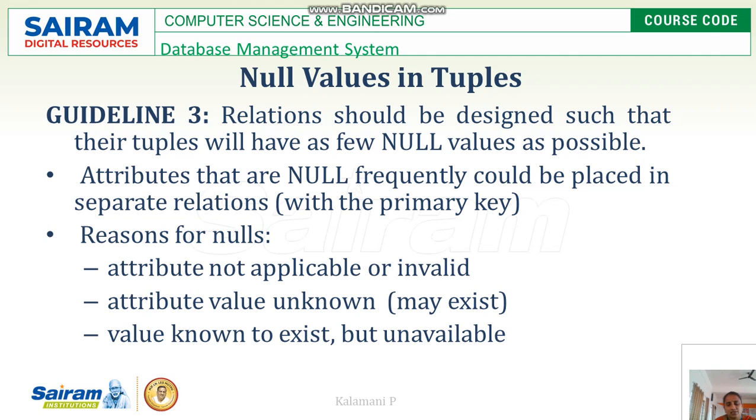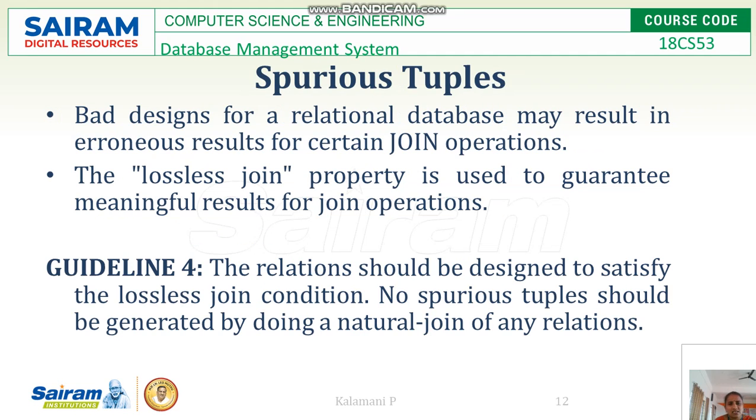For example, date of birth exists but at that time it is unknown. Diploma marks are not applicable for regular students, that is the not applicable case. A value known to exist but currently unavailable is also represented as null.